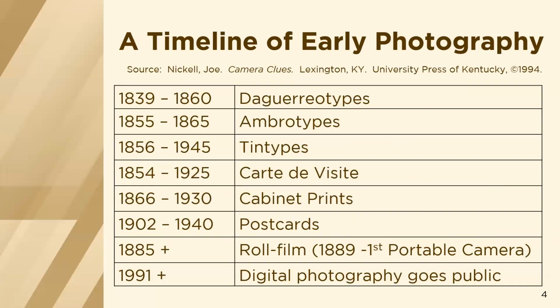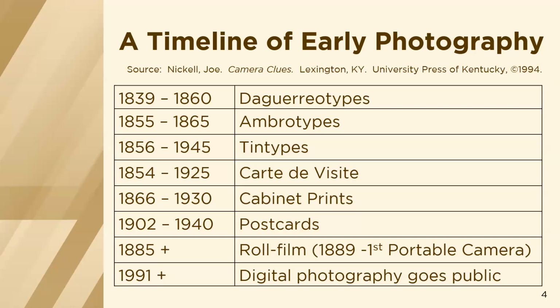This is a timeline of different types of photography. It all started with Louis Daguerre in France. He started in the early 1830s with what they called a camera obscura, and he experimented with glass and various chemicals to bring out the daguerreotypes, and it had to do with beaten silver.